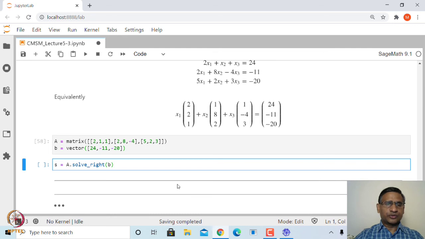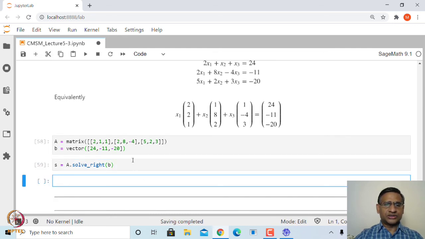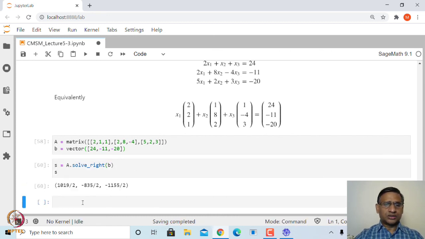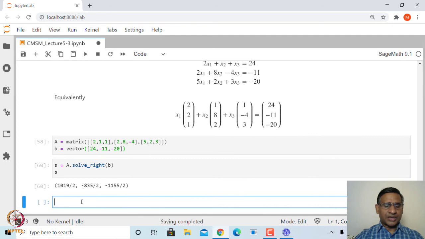So, that is the solution, and S is the solution, which is a vector. Now we will look at the first entry of S multiplied by the first column of A, plus the second entry of S multiplied by the second column of A, and the third entry of S multiplied by the third column of A. That should give me B, which is 24, minus 11, minus 20.